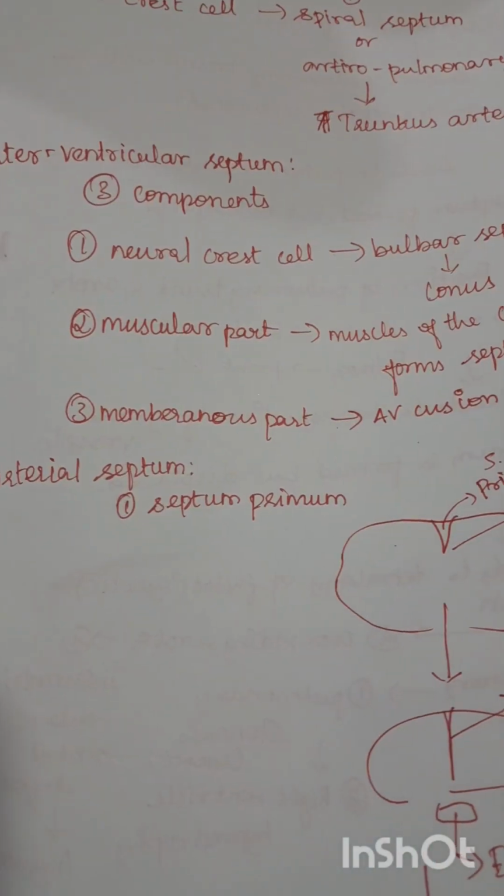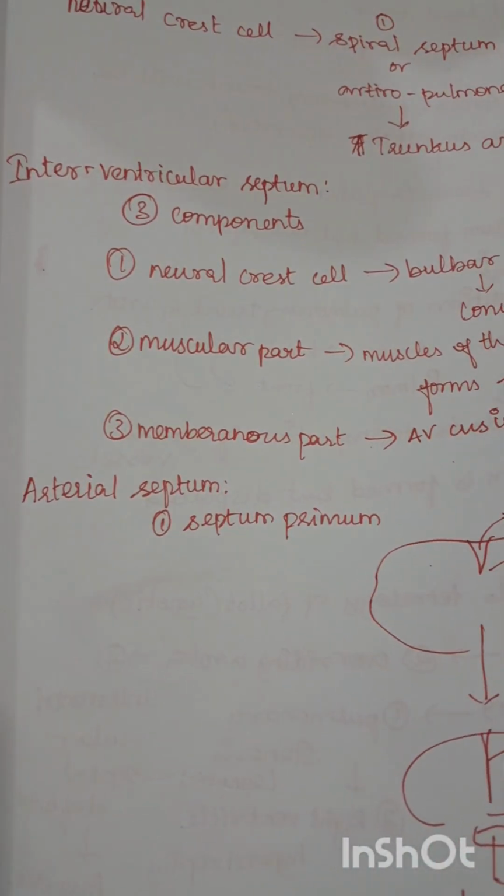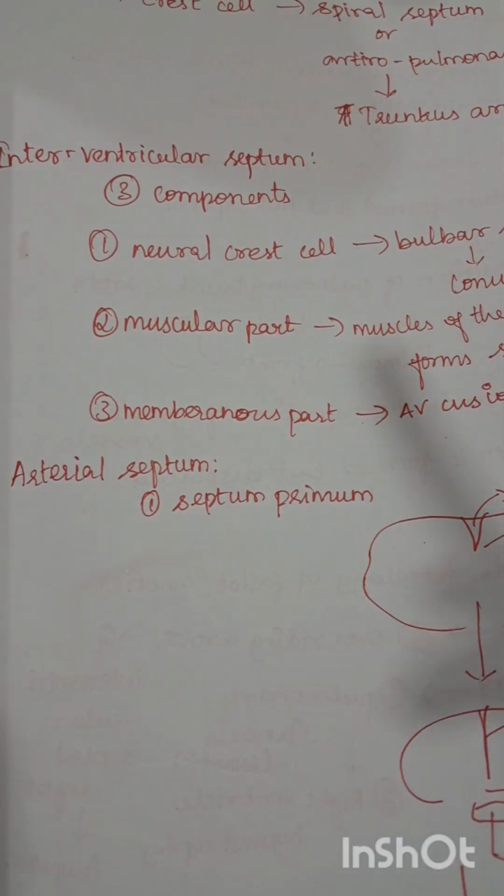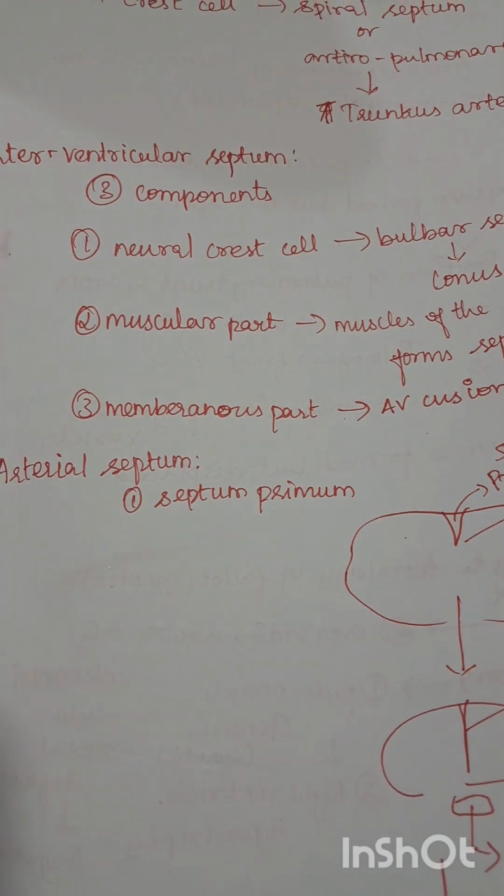All these form the septum between the two ventricles. Now we can divide the ventricle into right and left ventricle.